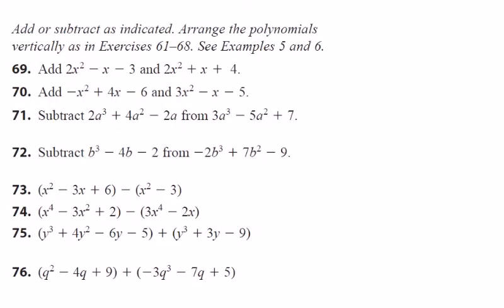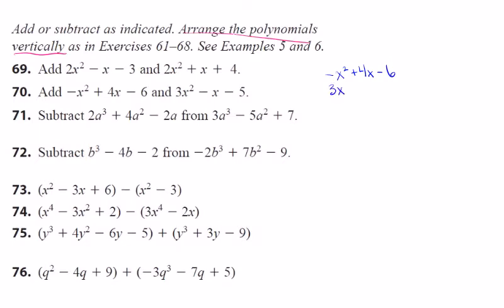All right, so in these examples they want us to add and subtract, but they're not giving it to us in a vertical arrangement, but they want us to arrange the polynomials vertically, right? So we're going to do that. So number 70, we want to add negative x squared plus 4x minus 6 and 3x squared minus x minus 5. So I'm going to align those vertically. So I'm going to take negative x squared plus 4x minus 6, and then I'm going to align the like terms.